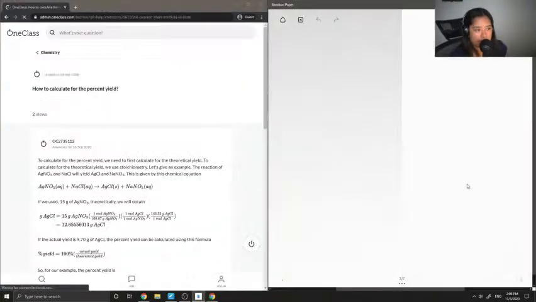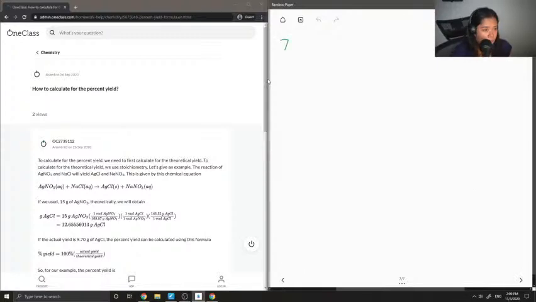Okay, so now we'll check out question number 7. How do you calculate for the percent yield? So I'm going to write down the equation for percent yield. I before E. And basically, this is your actual yield.